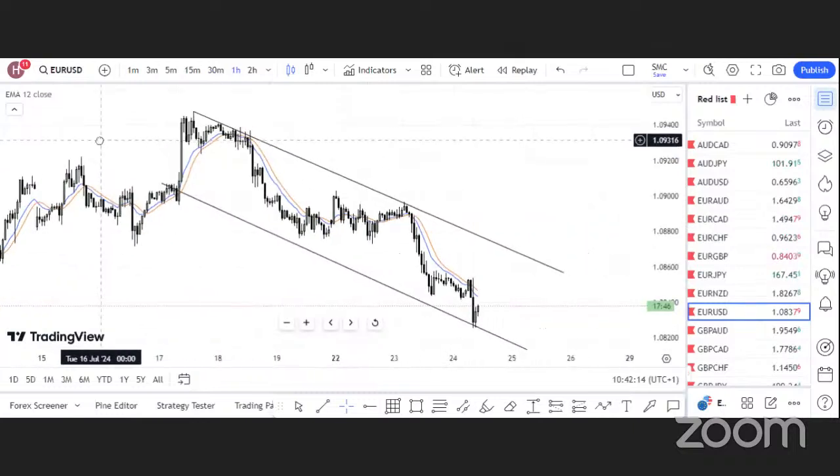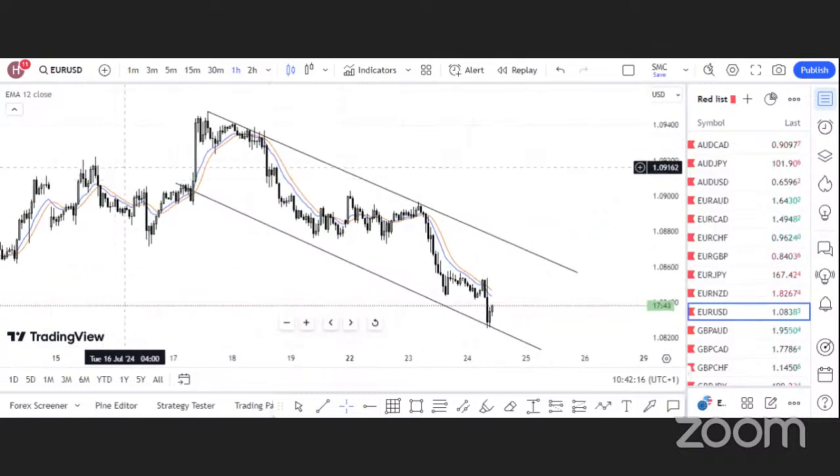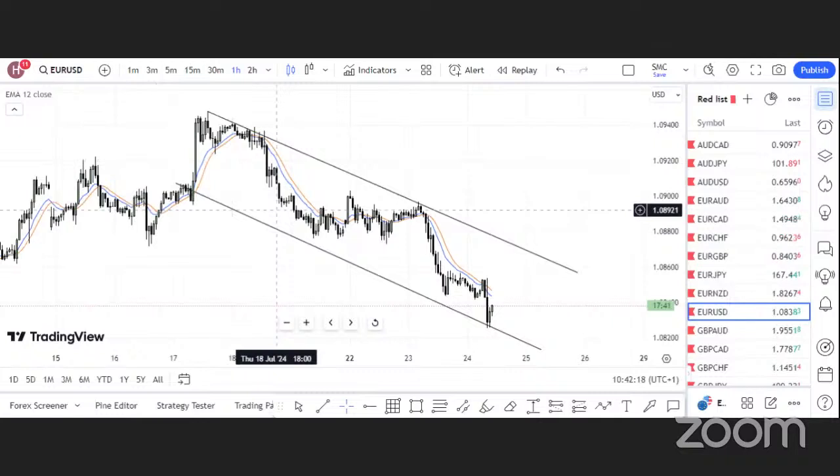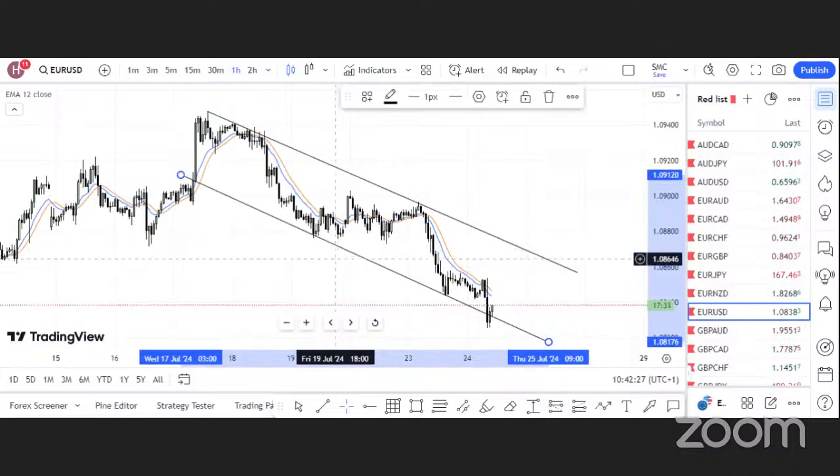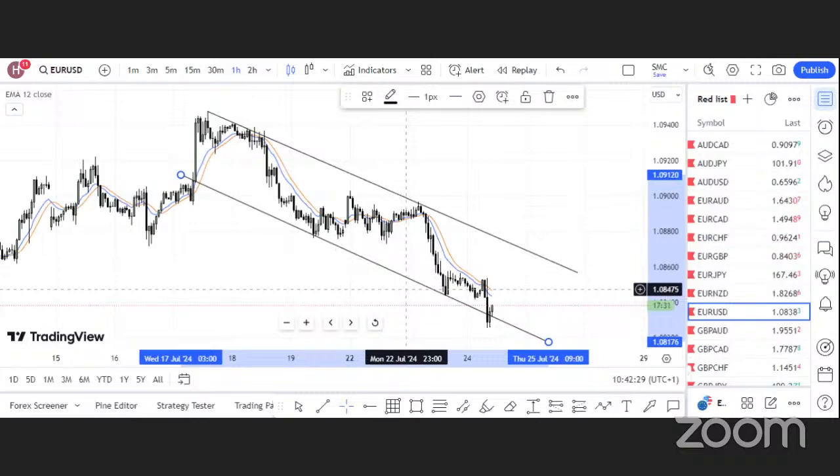So we are still on Euro USD. Let's see what the market is currently doing on Euro USD. This is the 1 hour time frame.